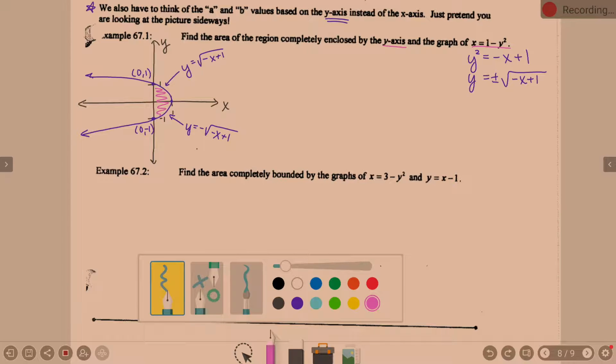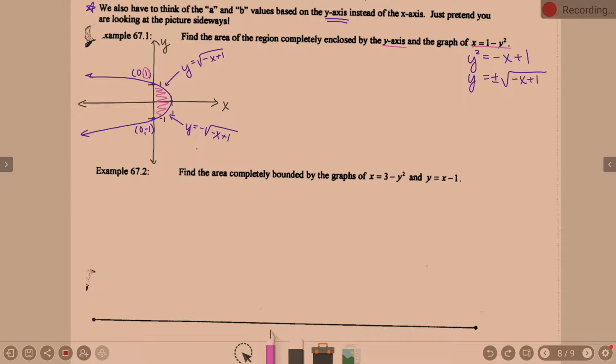Negative 1 and 1, because remember, they are the y values. So normally our A and B values come from where our graph crosses the x-axis. This is going to be where our graph crosses the y-axis. Okay, we ready? There you go, you get an integral.